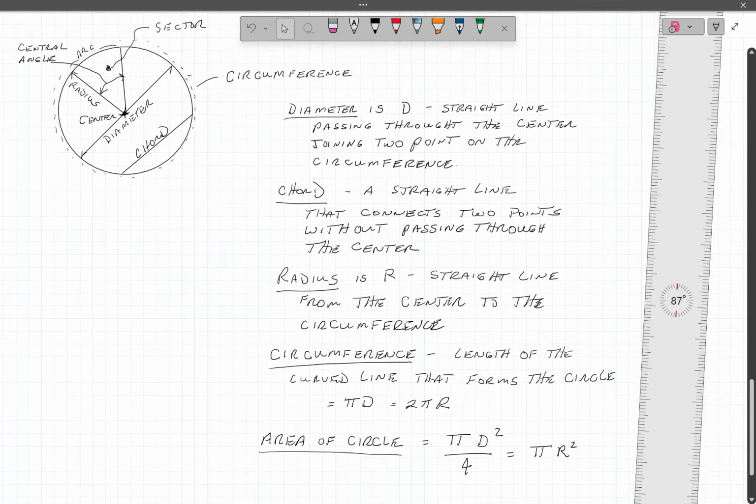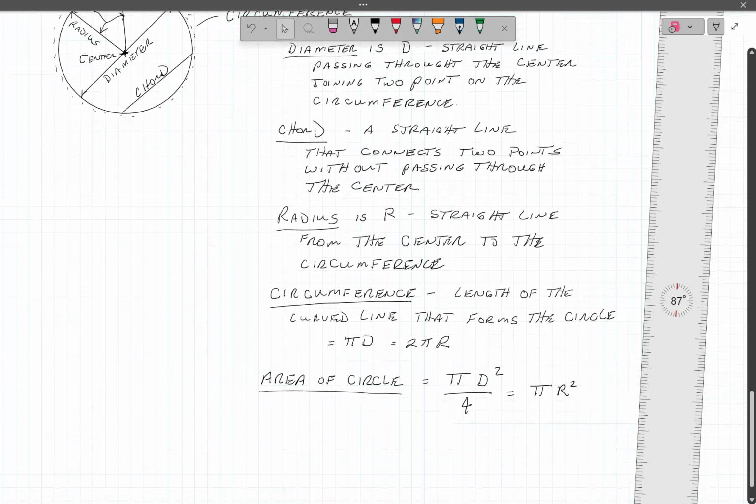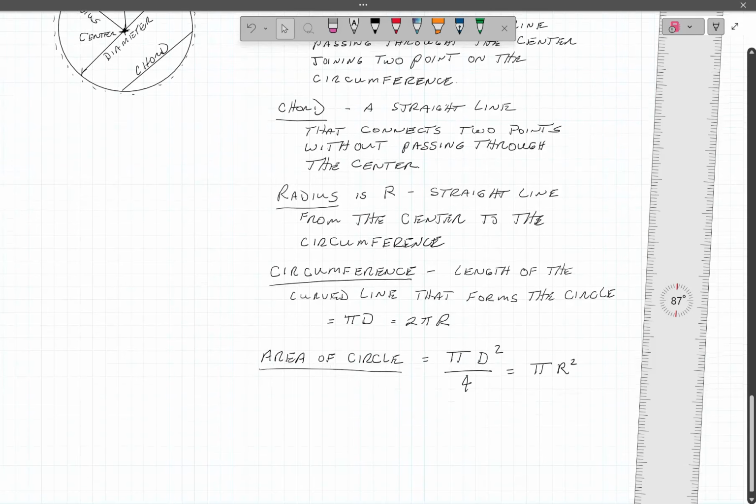I described to you a sector and an arc. I'm going to write these down anyways.